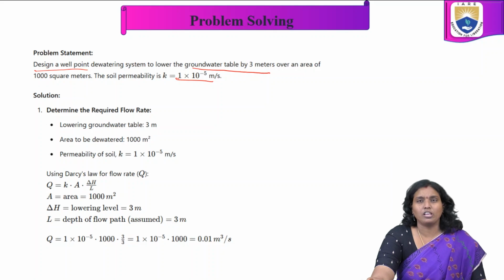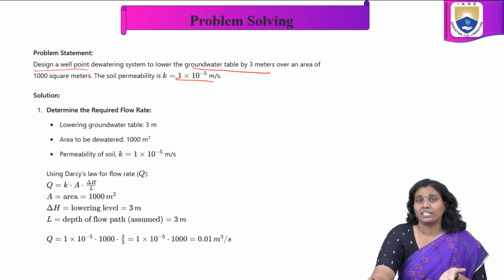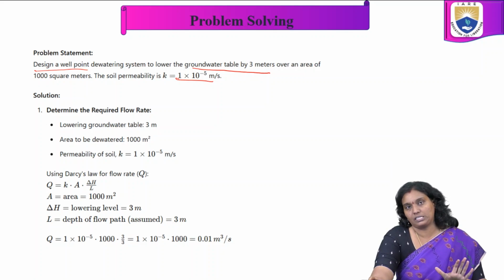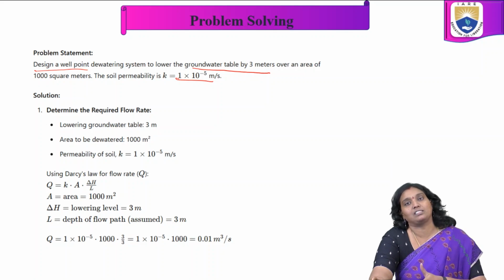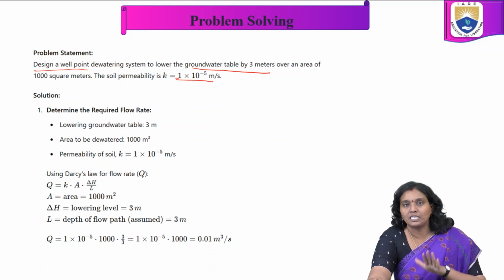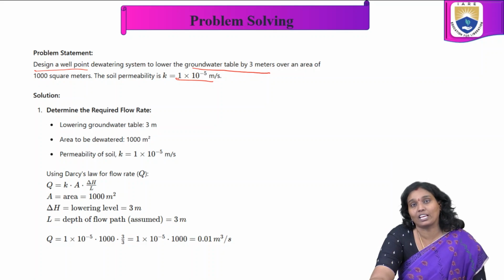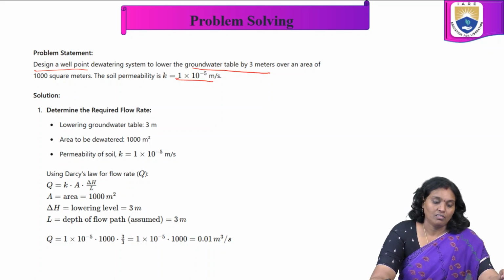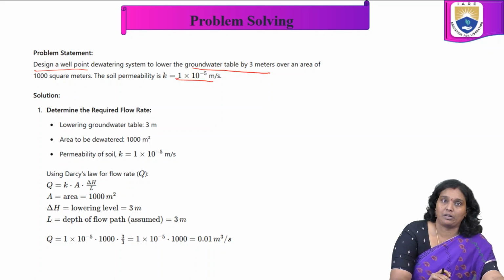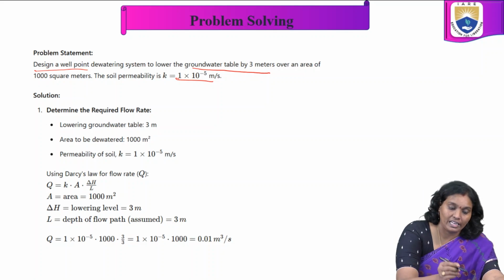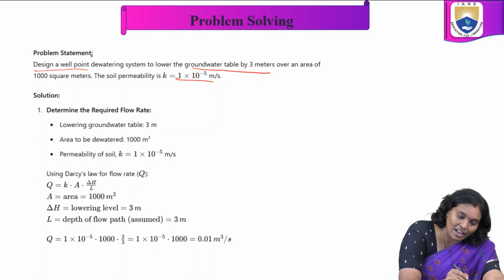In hydraulic modification, the technique we use most is the dewatering system. In that, again, different methods are followed as per the desired modification required. Here we are going to design a well point system.